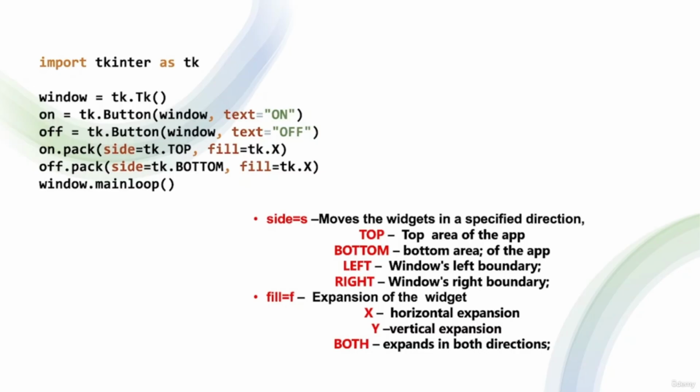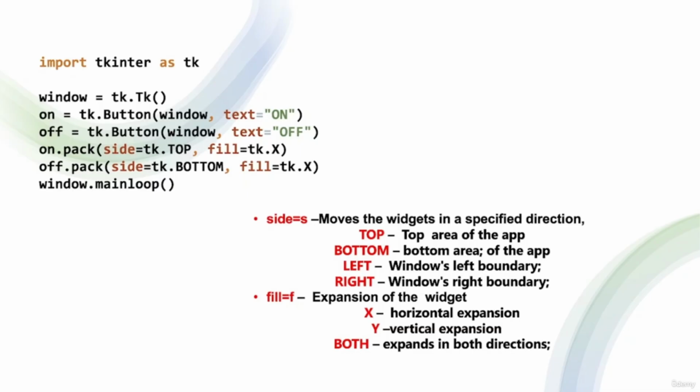If we want to expand our widget in both areas, we can use the uppercase word BOTH. So BOTH will be assigned to the fill parameter, and the letters will also be in uppercase.